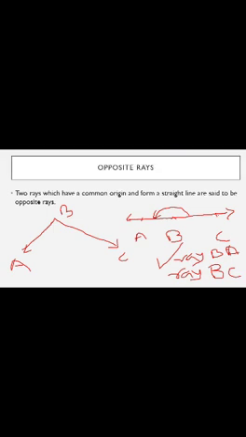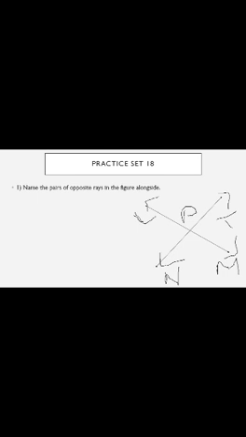Understood, students? Okay, now we are going to solve practice set 8. See, in that practice set 8, a figure is given to you. Name the pairs of opposite rays in the figure alongside. Which are the opposite rays in this figure?